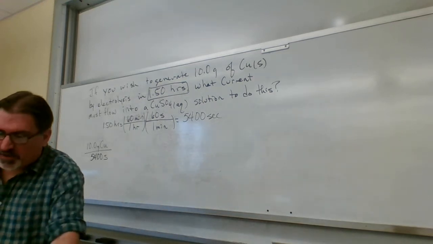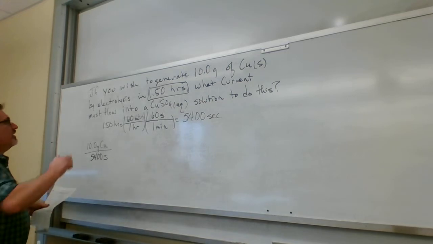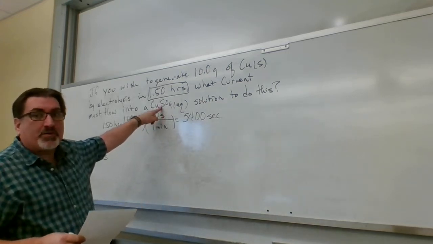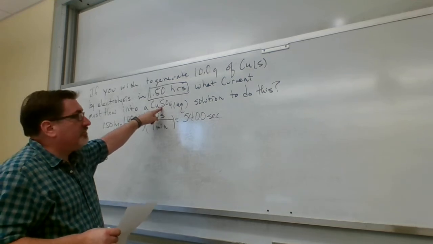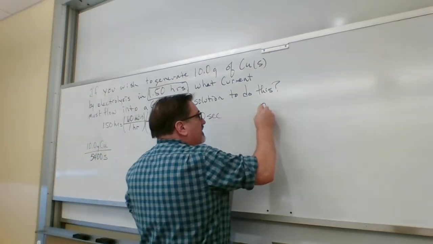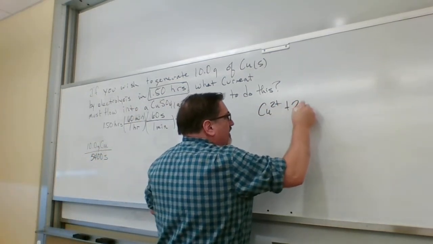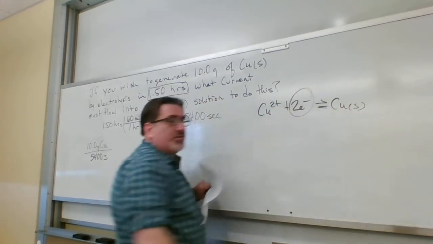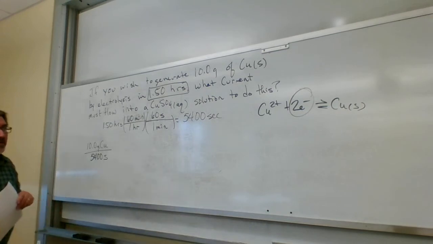That's going to be our starting point on our unit conversions. It's CuSO4, that means it's copper 2 plus in solution. So our equation is Cu2+ plus 2 electrons, making Cu as solid. That 2 we're going to need, just like we needed on our other example. We know how many electrons are being used up.